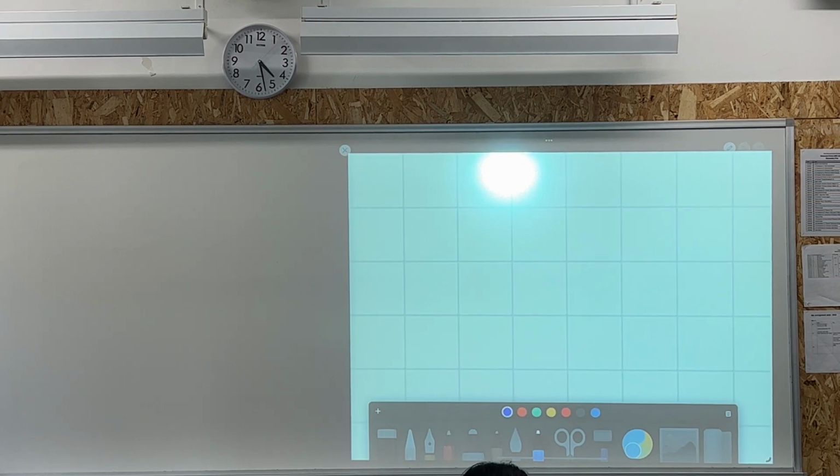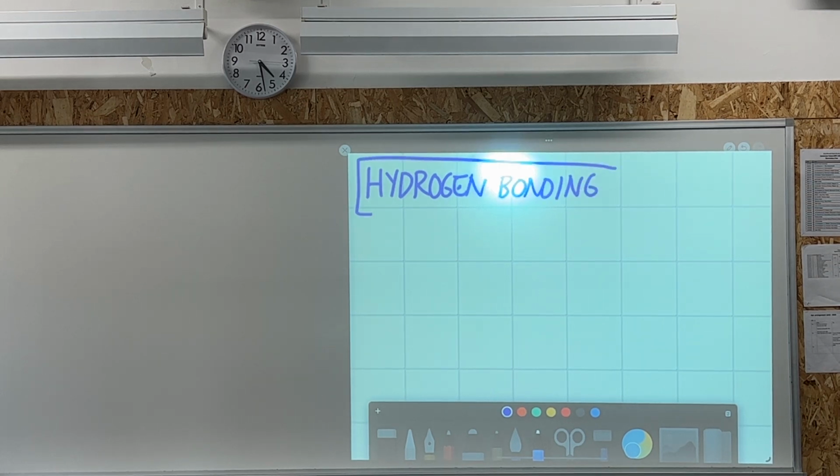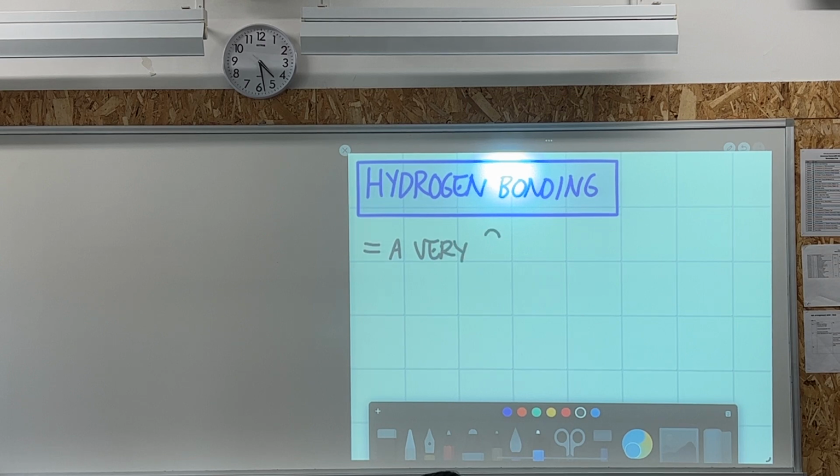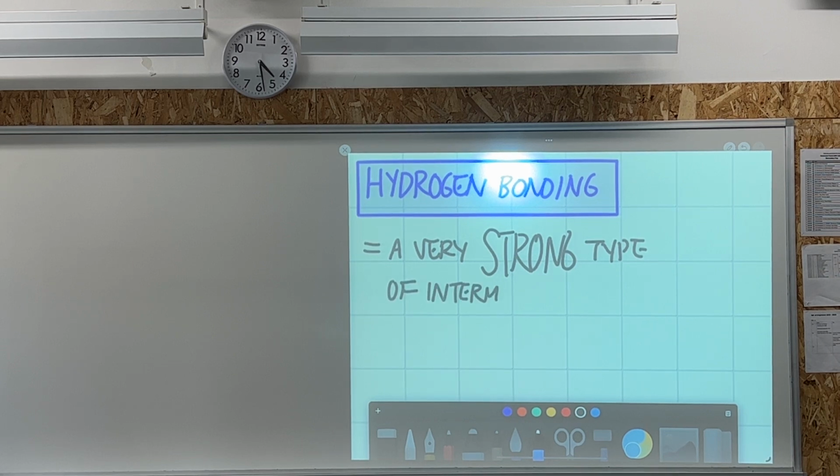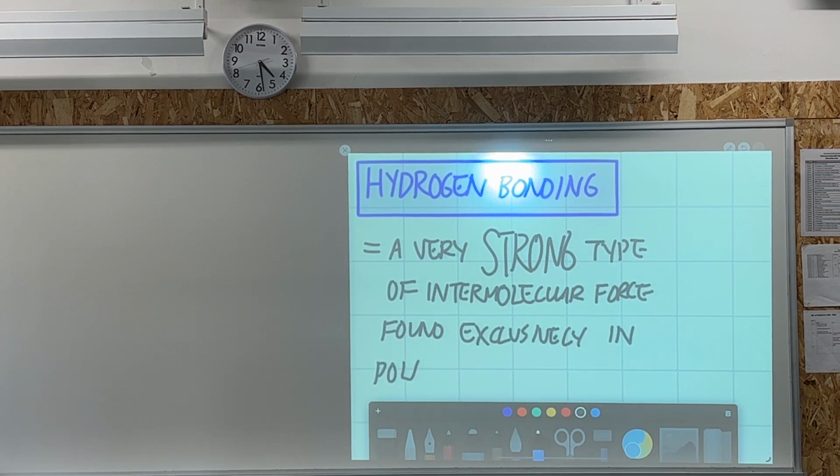So let's take a look at hydrogen bonding. Hydrogen bond is a very strong type of intermolecular force that is not van der Waals force. It is an intermolecular force found exclusively in polar molecules.